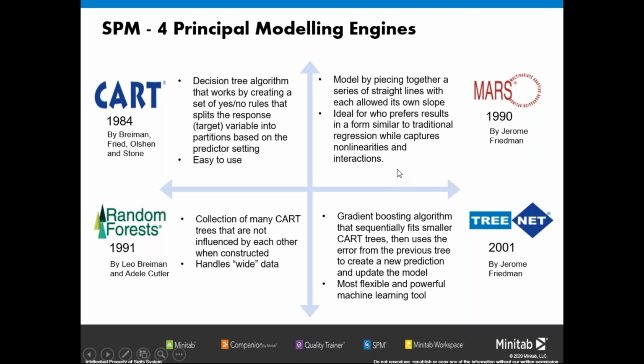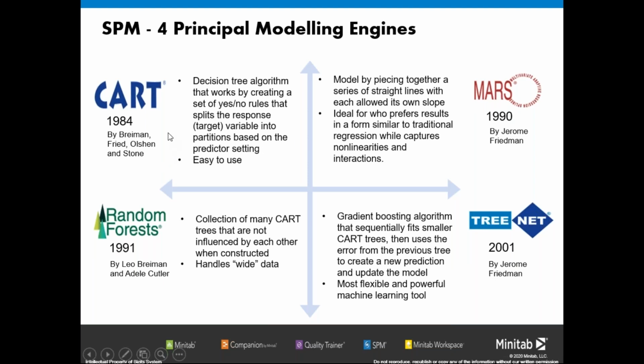For MARS, they do not provide a simple equation like y equals mx plus c, but they use basis functions. It is more complicated, but it is nice if you are from a regression background. Then we have Random Forest, and TreeNet is something like an innovation from CART.